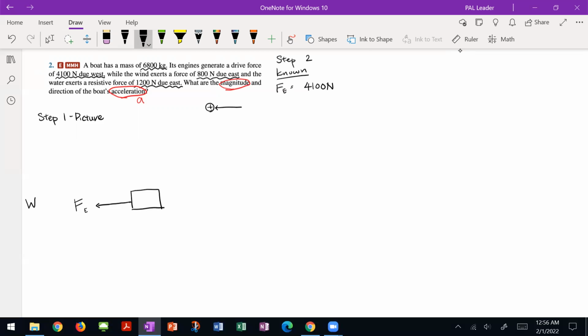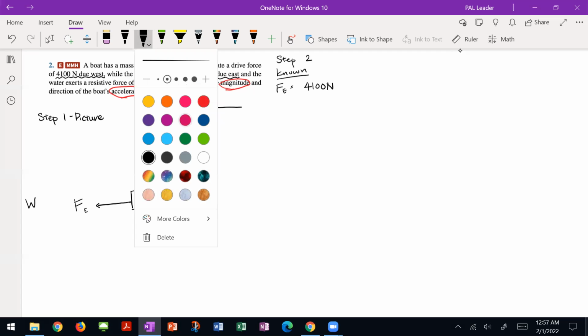It can be either. If you make sure you put in the correct signs, it doesn't matter which way you set as positive, you should get the same answer. But we're going to set left as positive for now. And we have another force, the wind, which exerts a force of 800 newtons. I'm going to change color for that one to green.